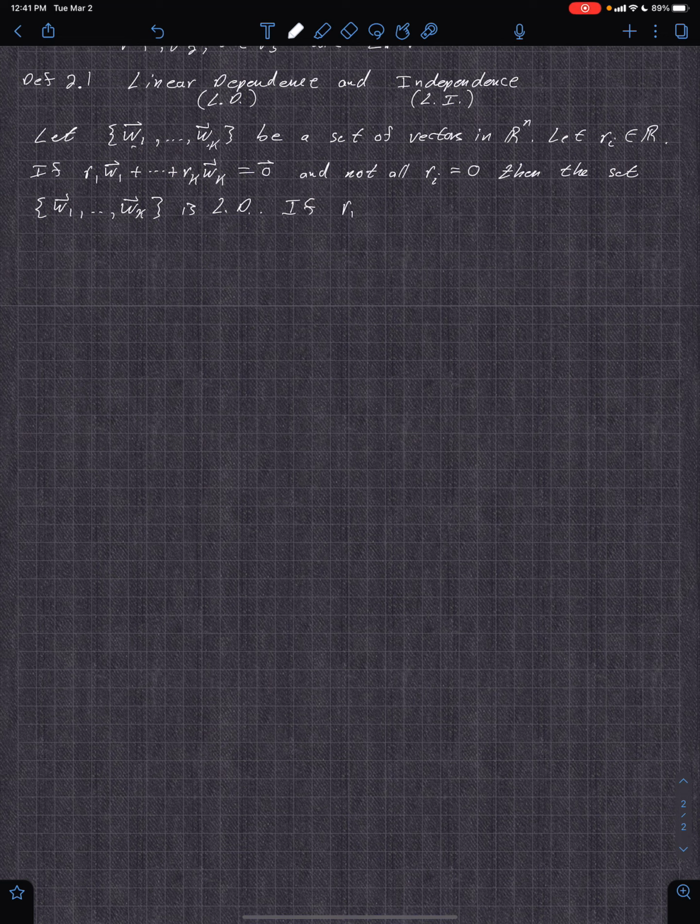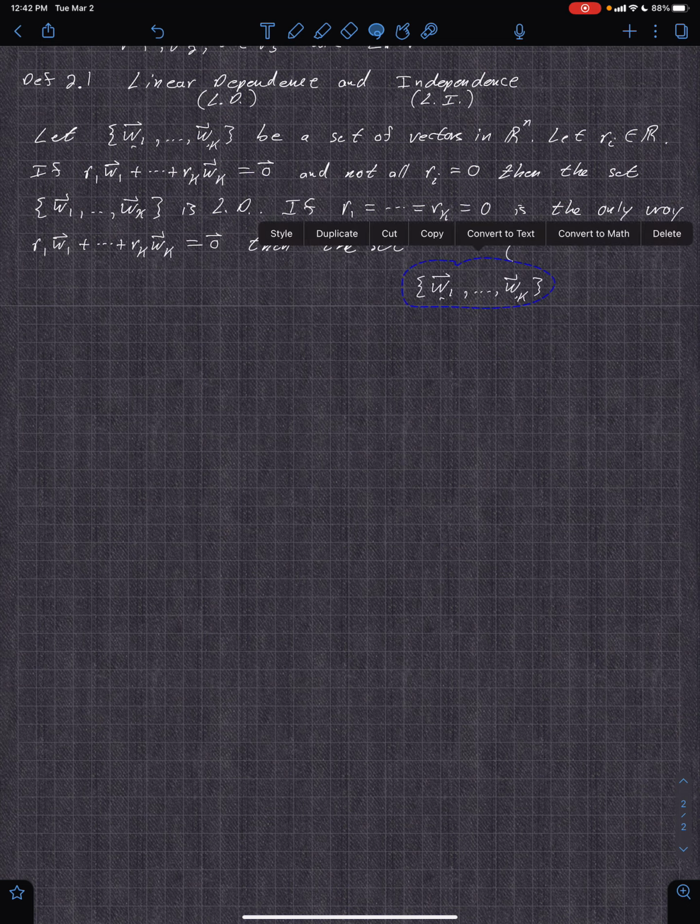So if R1 equals, etc., down to R sub k equals 0, is the only way this sum equals 0, then this set is linearly independent.